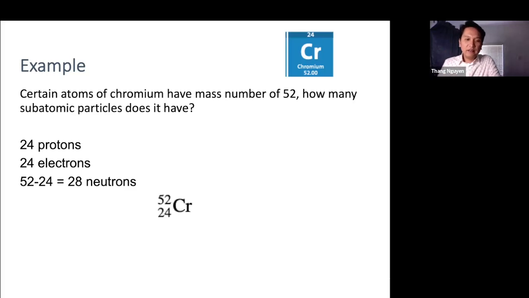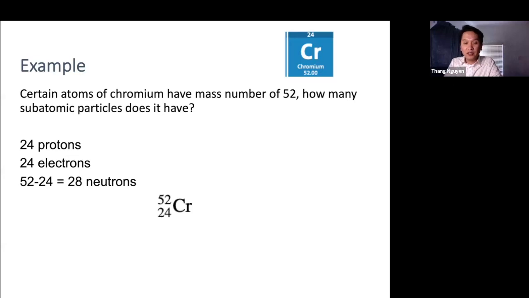All right, so if we were to talk about this particular isotope, we can write it in this fashion, with the elemental symbol Cr. On the top left-hand, we write its mass number, 52. On the lower left-hand is its atomic number. Now notice the atomic number and the elemental symbol are quite redundant, right?